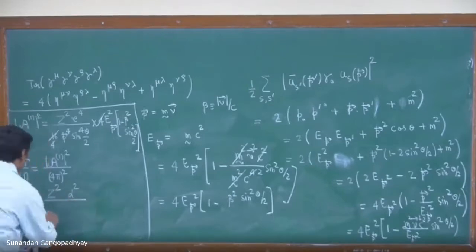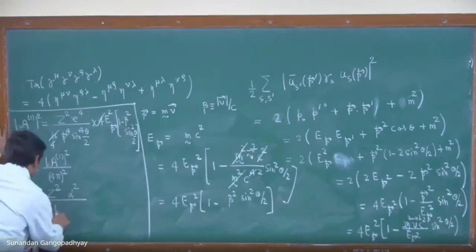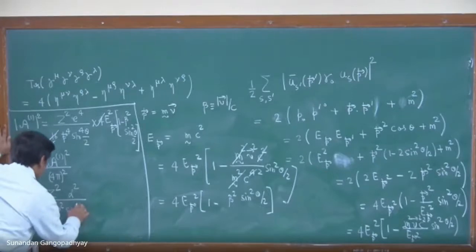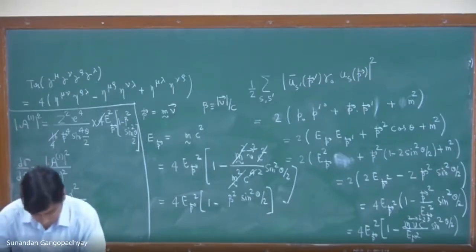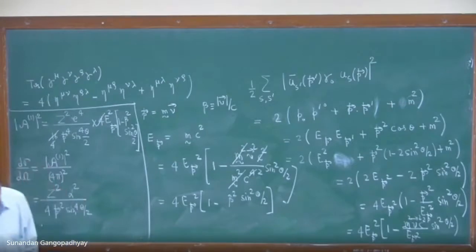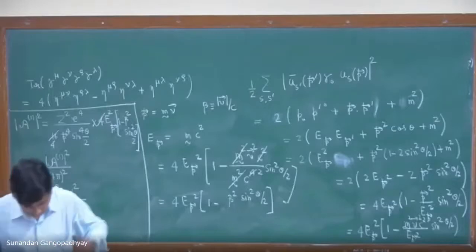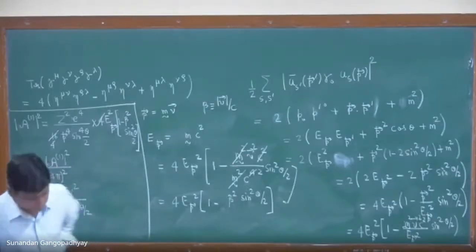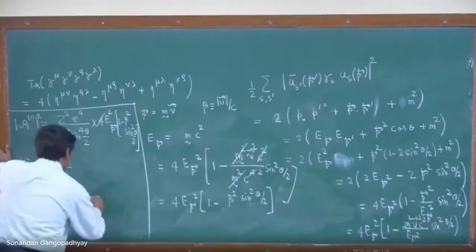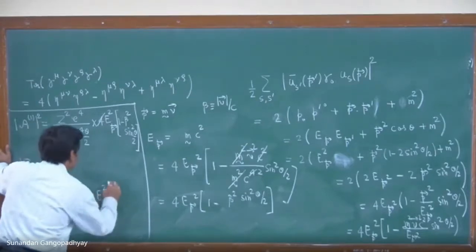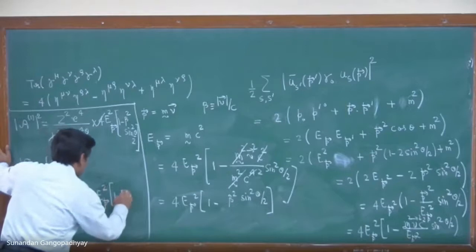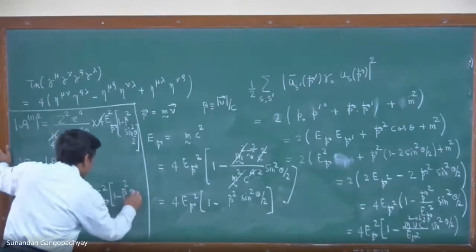This gives z square alpha square divided by 4 p to the power 4 sine to the power 4 theta by 2, multiplied by E_p square (1 minus beta square sine square theta by 2).